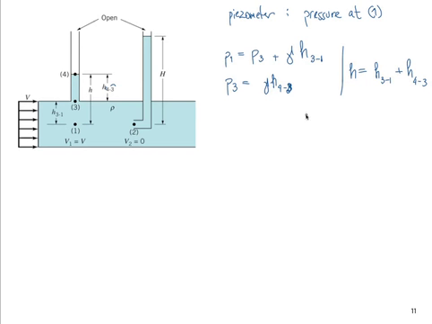P1 is simply gamma H. So you see this pressure P1, the pressure of the fluid, P, in the Bernoulli equation, is the same pressure as would be measured by any piezometer at that section of pipe.